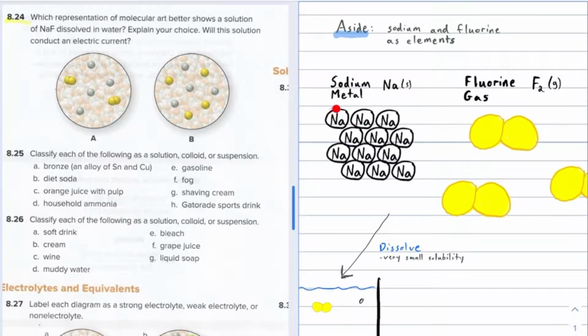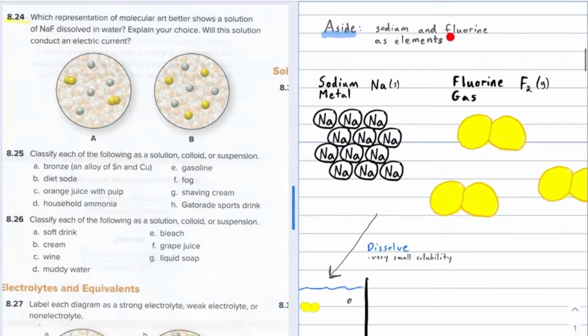So here's what solid sodium metal looks like. Fluorine is a gas, and it happens to be one of those diatomic molecular elements. Two atoms of fluorine like to attach together to form molecules.